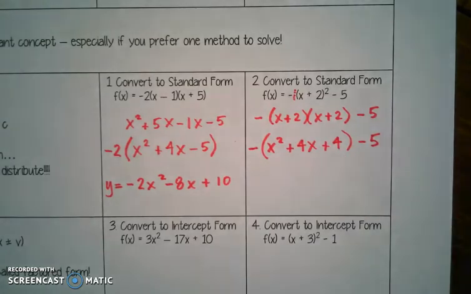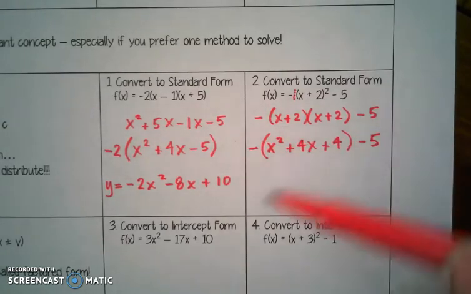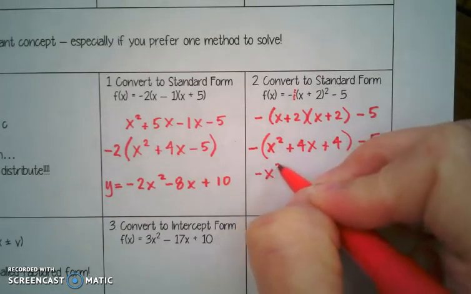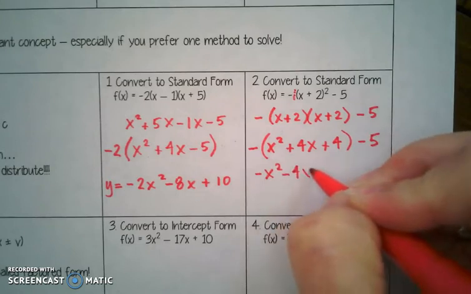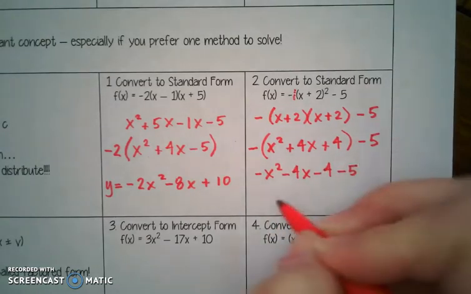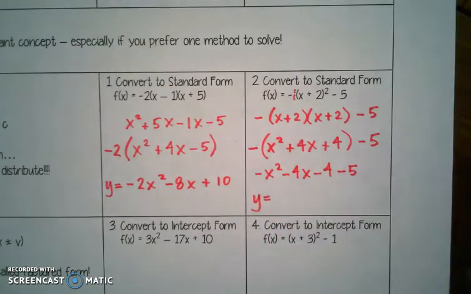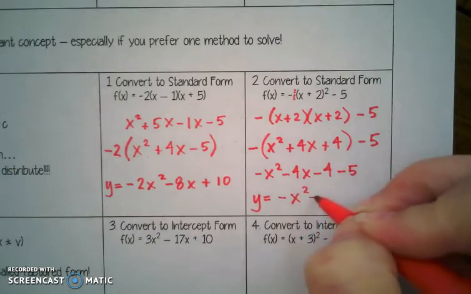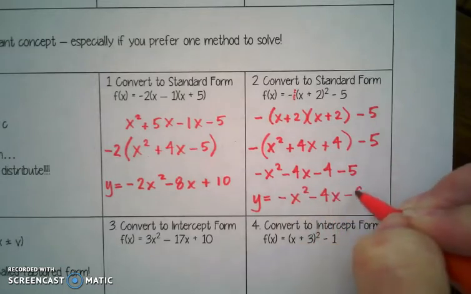And if you think about order of operations, we're going to multiply before we subtract. So next thing we need to do is distribute this negative. So we're going to get -x squared minus 4x minus 4 minus 5. And then combine any like terms. So y equals -x squared minus 4x minus 9.